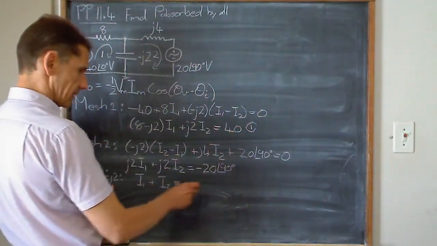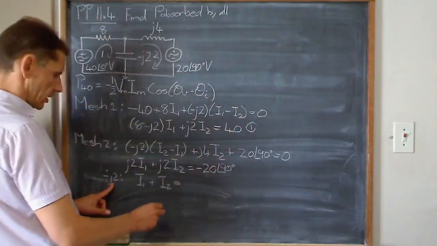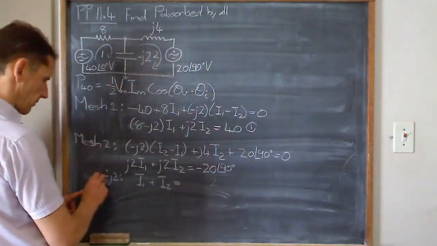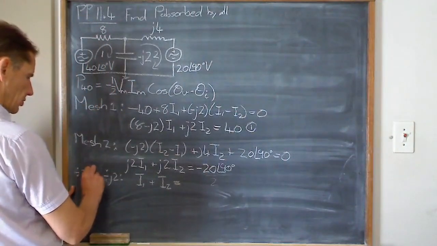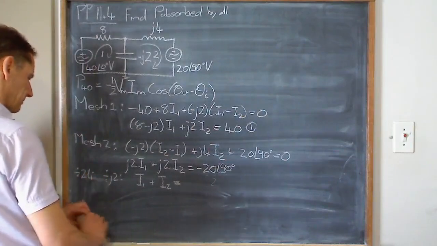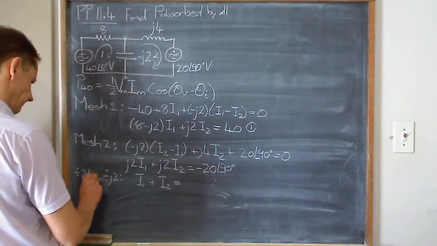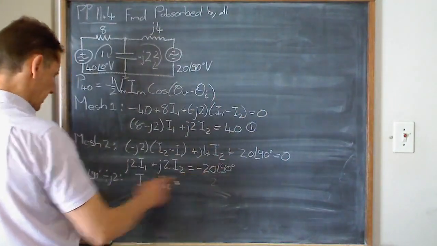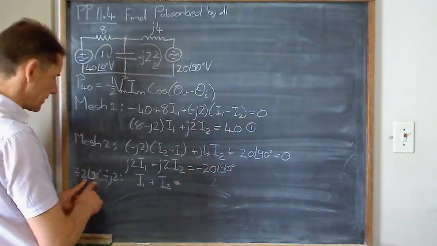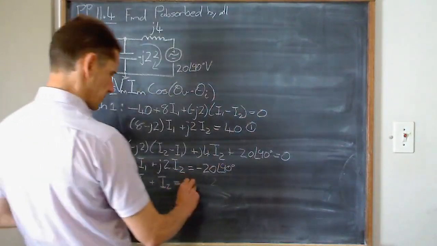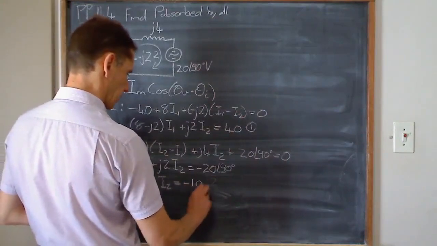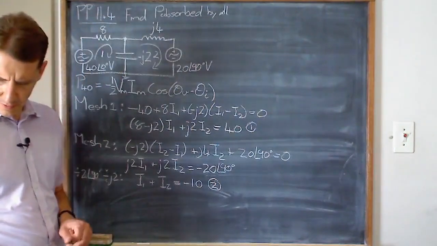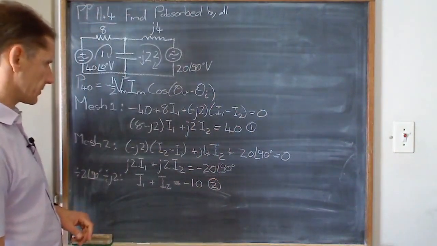So if I divide this now by 2 angle 90 degrees, this would be the equivalent of dividing by 2 angle 90 degrees. So the minus 20 divided by the 2 gives me a minus 10, and the 90 minus 90 gives me a 0, so this just ends up to be minus 10, and we make this our equation number 2. Right, so that's a nice, simple equation.